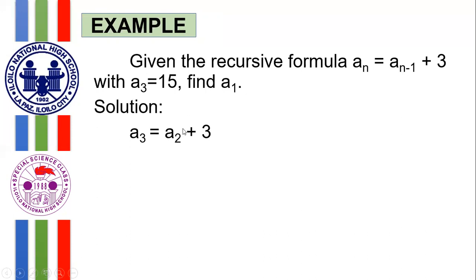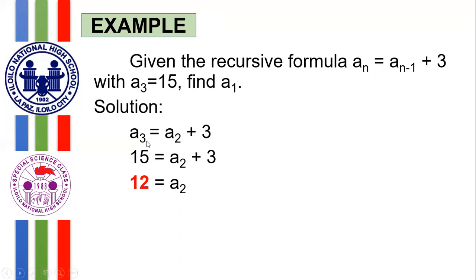And from here, a sub 3 is 15. We can now get the value of a sub 2 by subtracting both sides by 3. So this gives us the value of a sub 2, which is 15 minus 3 or 12.